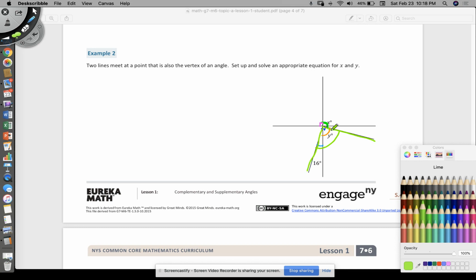And you know it's 90 degrees because it formed that 90 degree square. So let's go ahead and solve that and we can find out what y is. So I'm going to say 16 plus y equals 90. All right, now I want that y by itself, so I'm going to move that 16. Opposite of positive 16 is negative 16. And the 16s cancel. And I get y equals 74.